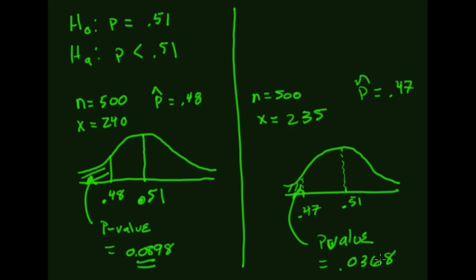I think the easiest way to see it is in a left tail test. Note, when we have a less than in the alternate hypothesis, we're shading less than our value.